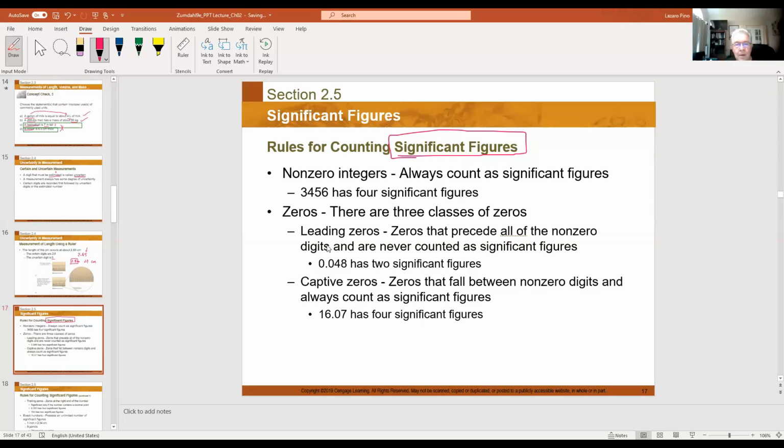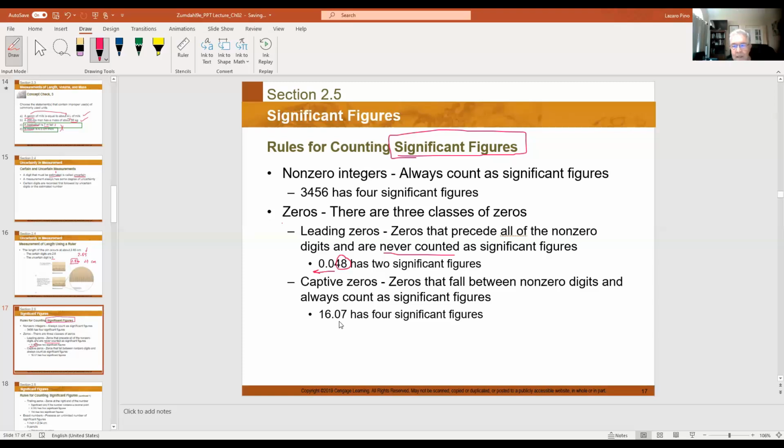For example, the zeros, if they are leading zeros, they never count as significant figures. For example, this 0 to the left is never considered a significant figure. This number has only two significant figures, the 4 and the 8.